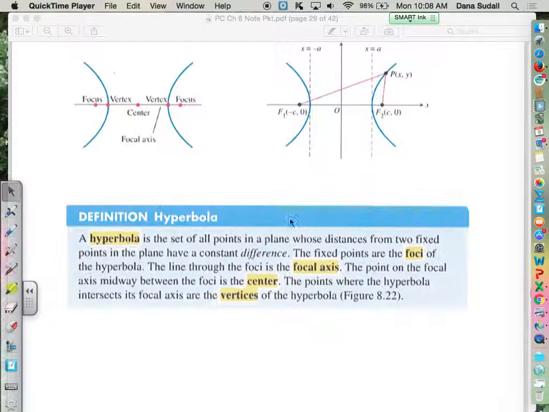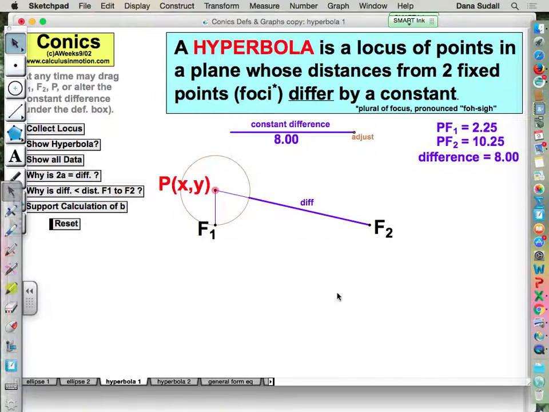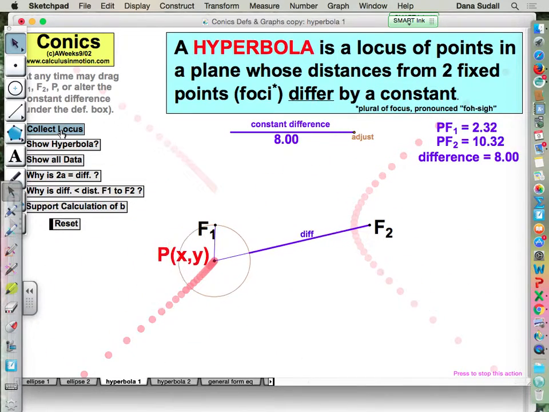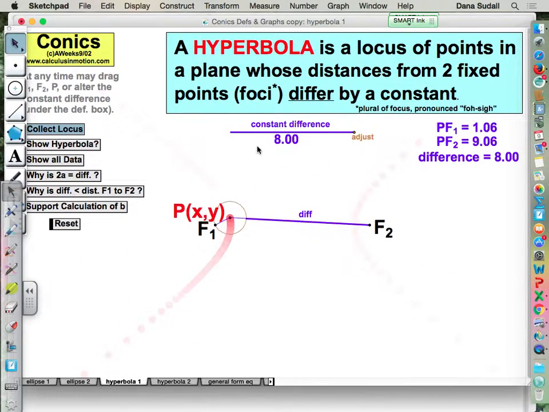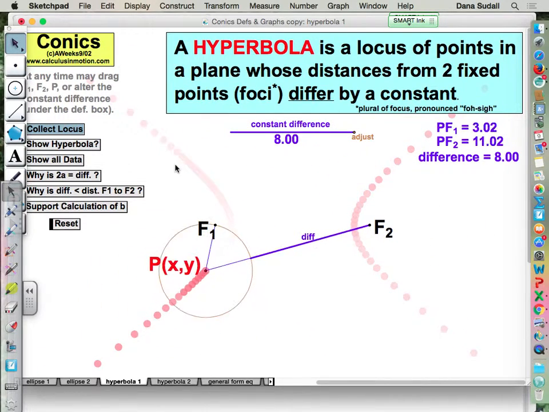So for your very formal definition of a hyperbola, I'm going to show you on the sketchpad simulation here. And this sketchpad simulation is pretty intense. So how do you form a hyperbola? Well, hyperbolas are formed when the difference between the distances from the focal points to a point on the hyperbola is always the same value.